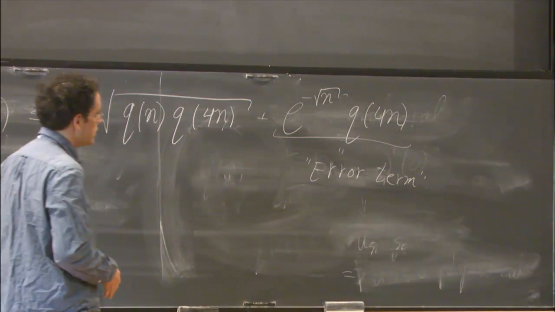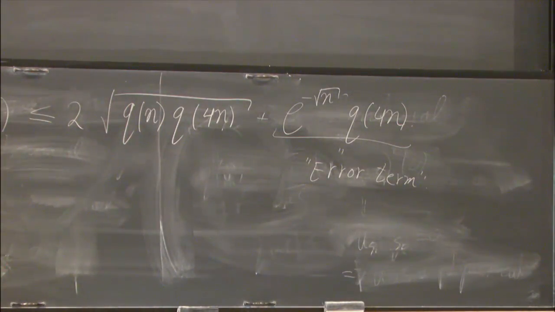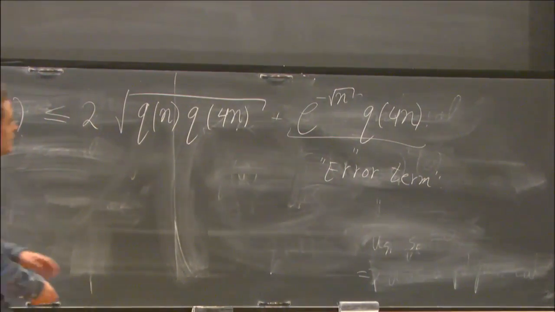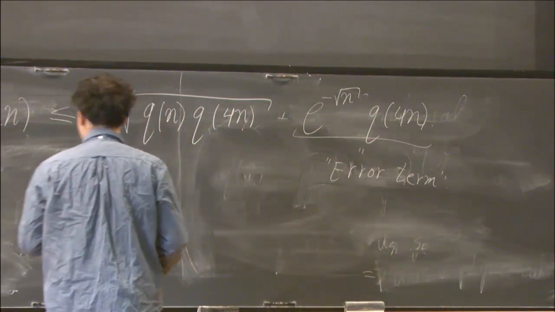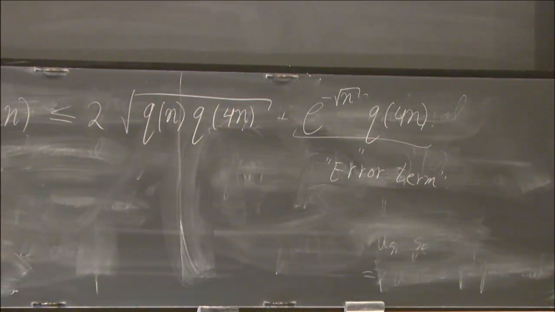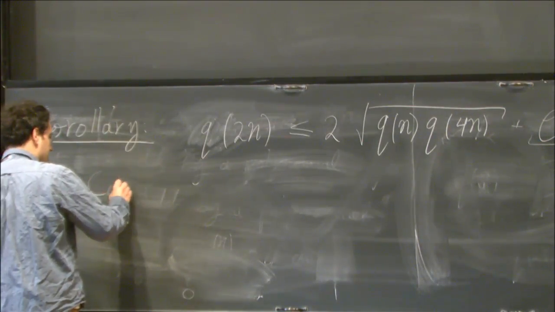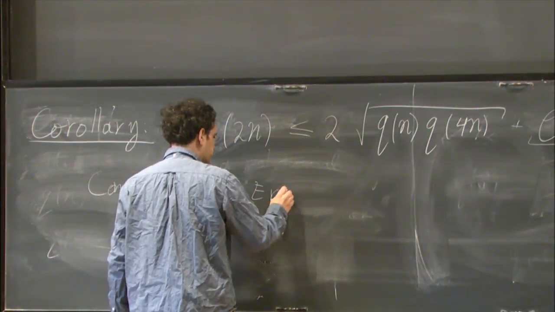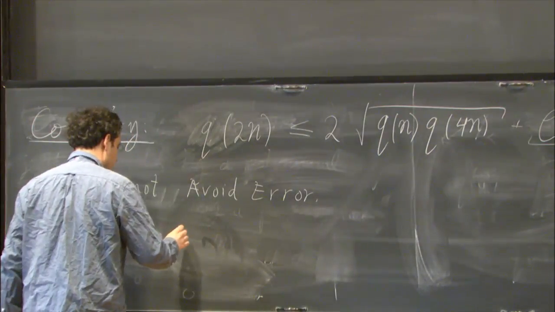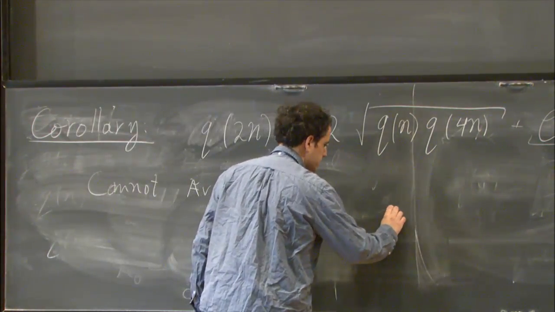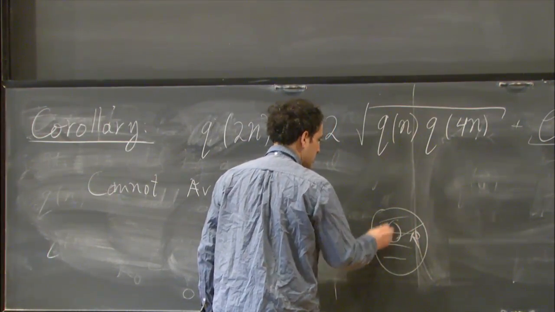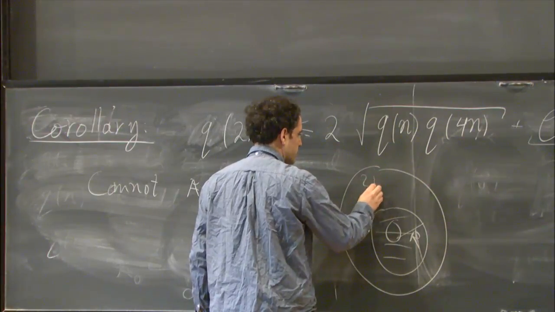One cannot have a theorem without the error term, because in the discrete setting you can always construct a harmonic function on Z^d which is 0 on a ball of radius r and is not 0 on a ball of radius 2r.